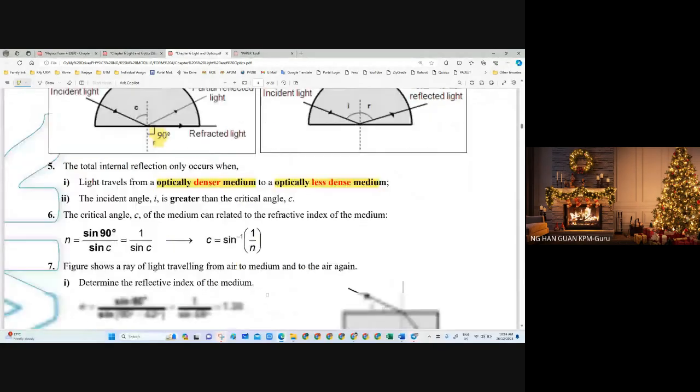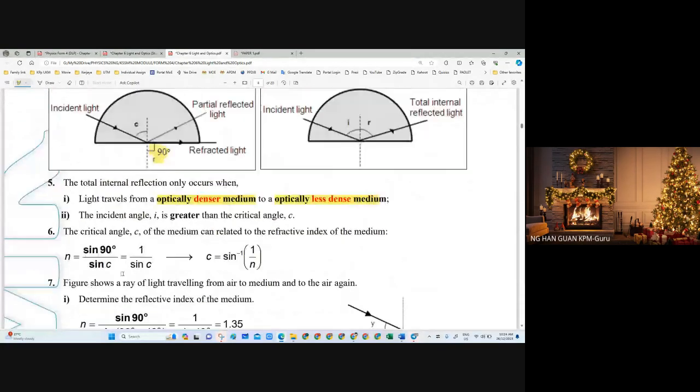Okay, so when we apply the formula, before this we applied the simple formula: this is medium A, and sin I is the angle in A over sin R, the angle in medium X. When the angle in A is 90 degrees, the angle inside the medium we call the critical angle.